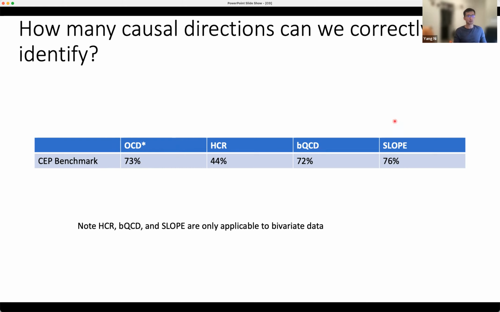We're second best. The best method is SLOPE. BQCD is also pretty good, 72%. HCR is not that great, but it is the method most similar to ours. That's why I listed it here. So overall, the proposed method OCD still has very favorable performance compared to state-of-the-art methods in this data set as well.